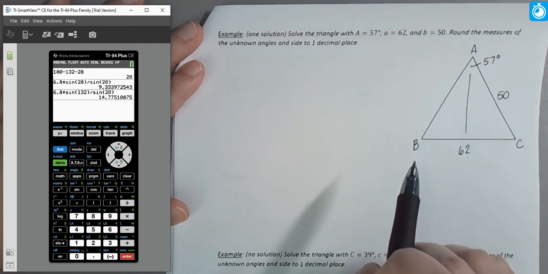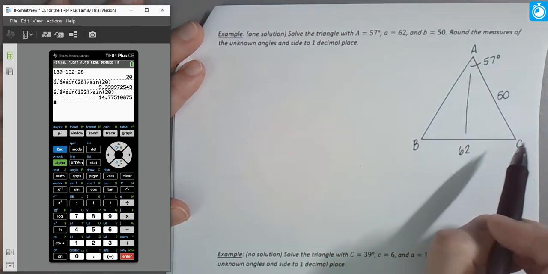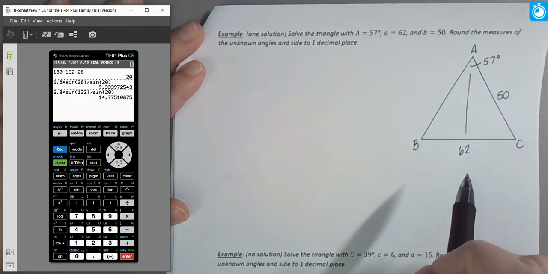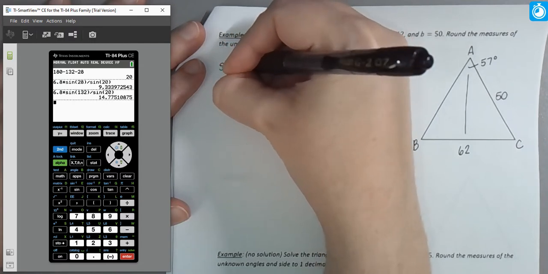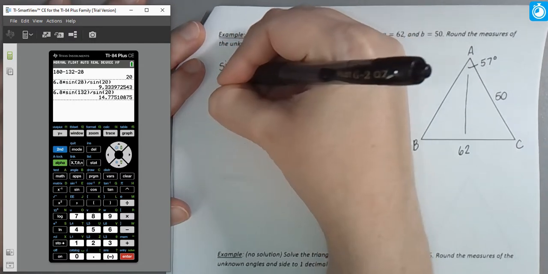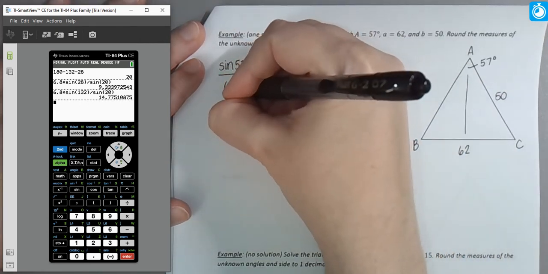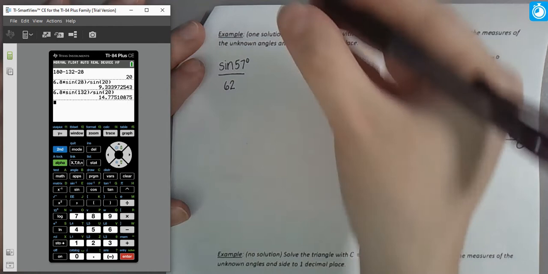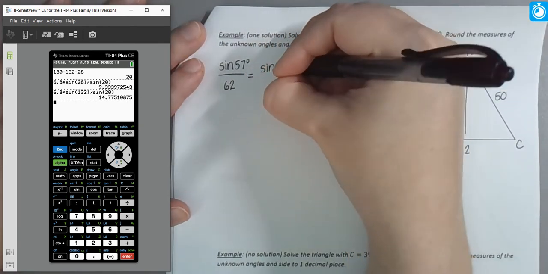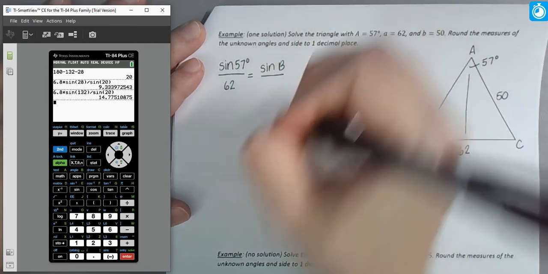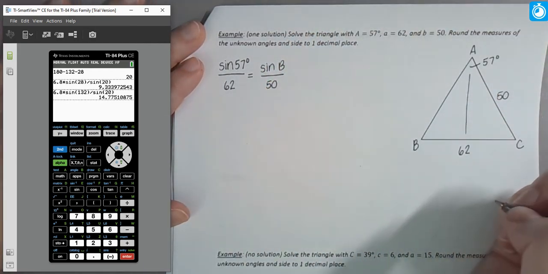But now we have to keep in mind that the angle is not given, the opposite side length is what's given. So our constant pair, the sine of 57 degrees divided by the length of the opposite side, which is 62, and that's going to be equal to the sine of our unknown angle B divided by the length of the opposite side, which is 50.